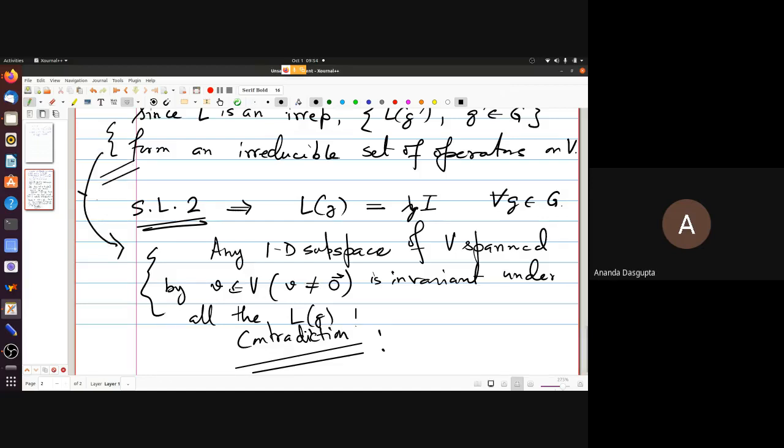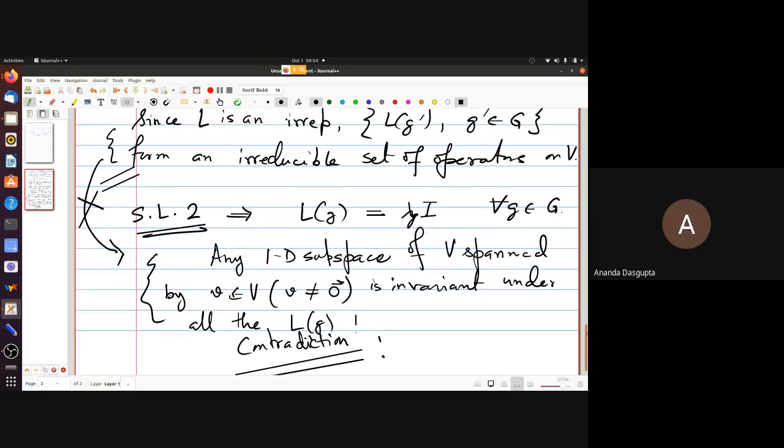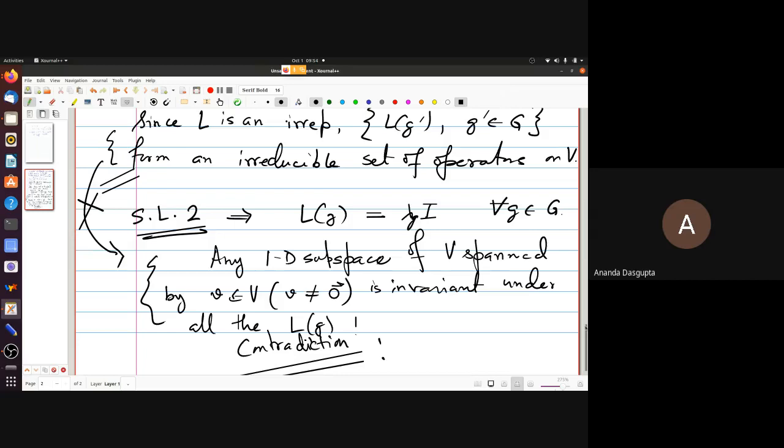Can you see why? The top statement says that because L is an irrep, if you take all the LGs together, LG prime for G prime belonging to G is of course the same set as LG for G belonging to capital G. If you take all the LGs together, they form an irreducible set of operators on V.